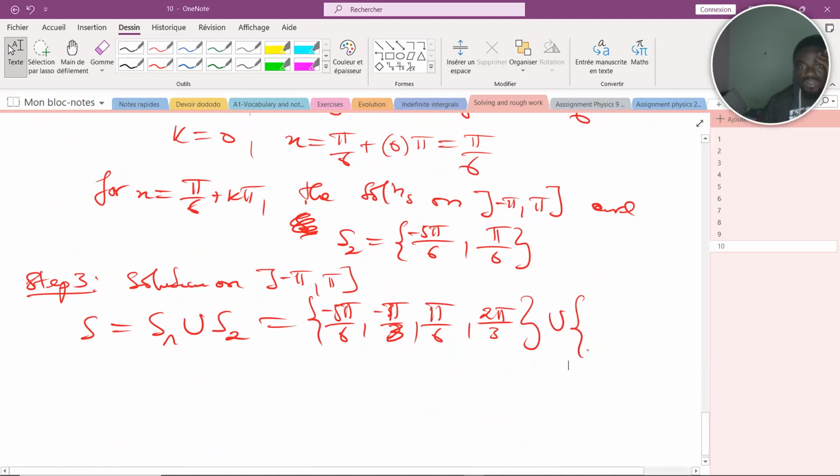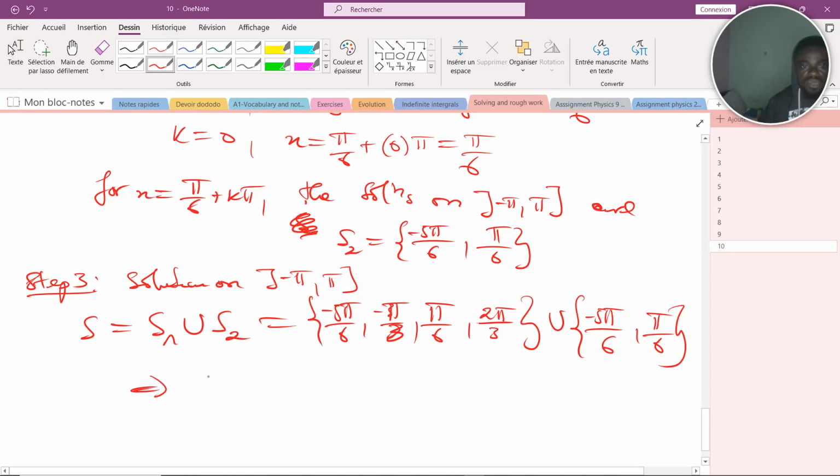Union what? What is S2? Our S2 is -5 pi on 6 comma pi on 6. You then do the union between these. This is a set, this is a set. You see that there is already -5 pi on 6 and pi on 6 that's common here.